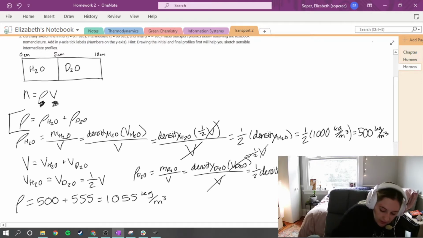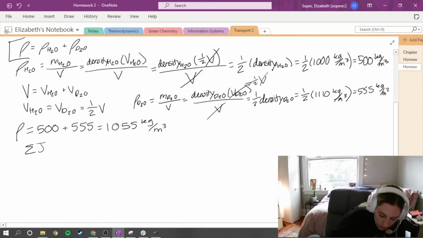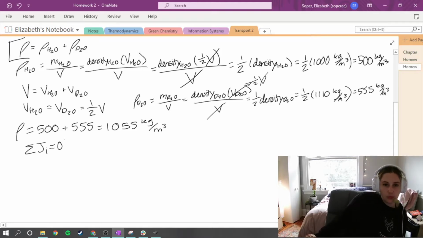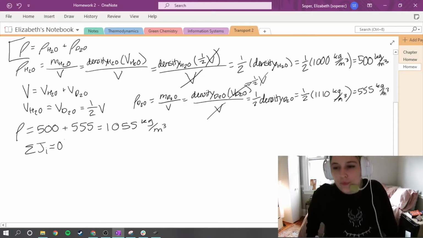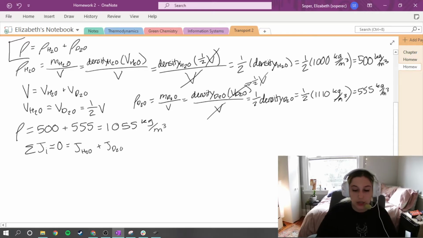So now we want to find the total mass average velocity. Let's first remind ourselves that the sum of the molar diffusive fluxes of each of the components is going to equal 0 here. Remembering that, we can expand this out because we know what our components are. So the molar diffusive flux of water plus the molar diffusive flux of deuterated water is going to equal 0.